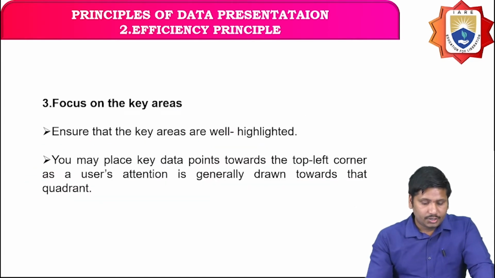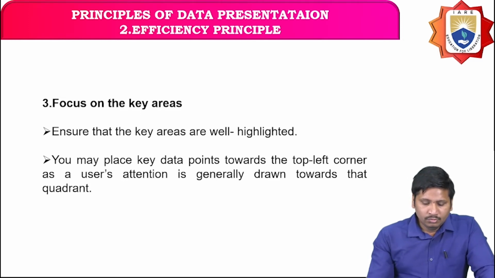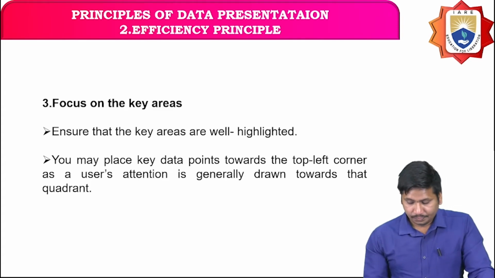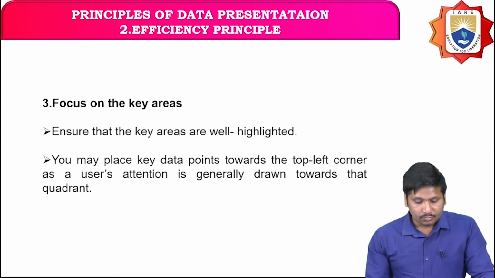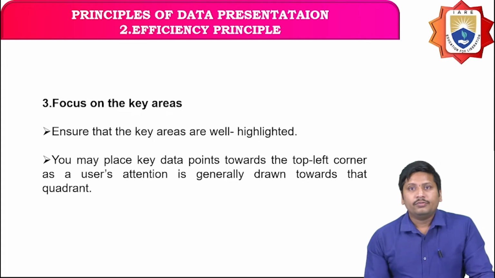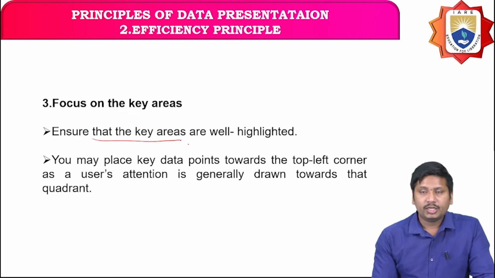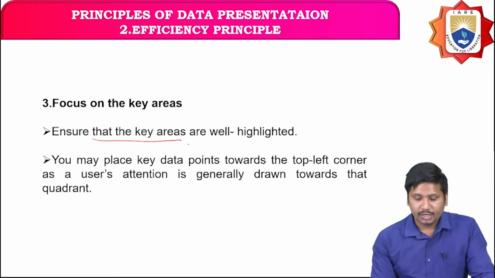And the third one is focus on the key areas. For that, ensure that key areas are well highlighted. Suppose I'm going to present some data and I want to make it a highlight, or a key important area.